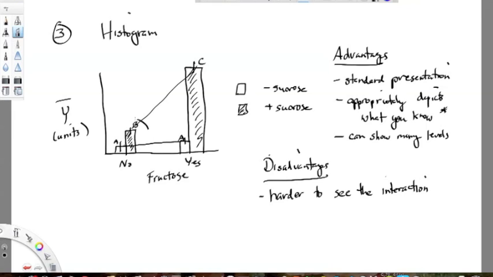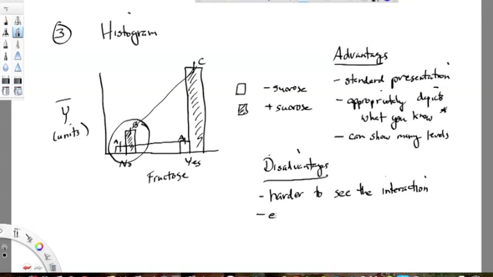And in fact, your eye is kind of drawn to what's next to each other. So we have a small difference at no fructose in the sucrose effect, but we have a large difference with fructose. So this almost focuses you on the sucrose effect being small here and being large here, which is okay, but it's kind of harder to see that interaction and describe it.